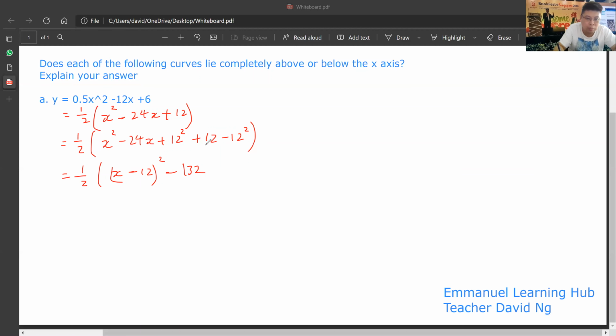Minus 144 plus 12 is minus 132. Minus 132, you divide by 2, 66.